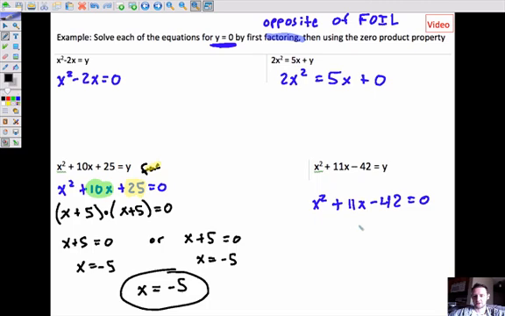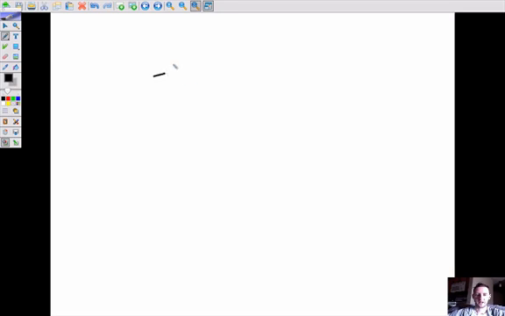Let's move over to the bottom right one here. I need to first find what my two factors are going to be. So I'm looking at negative 42 as my constant.